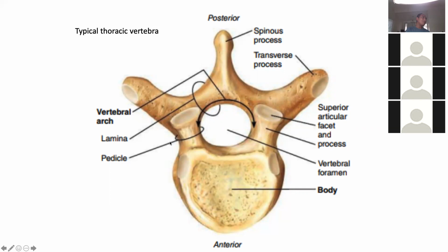That is what we call pedicles. Anything that comes out from the vertebral body is called a pedicle, and the pedicles fuse together in the midline. This joining part is called the lamina.